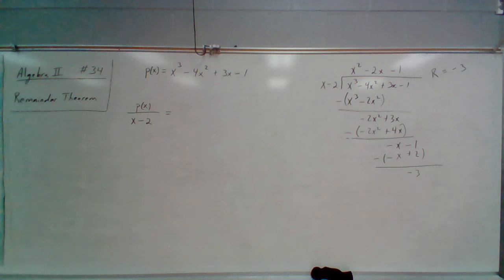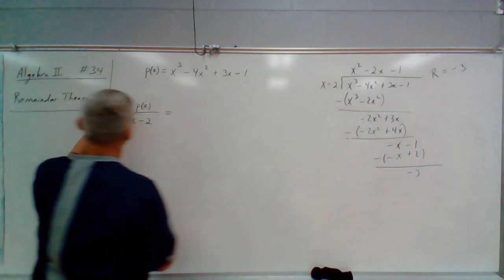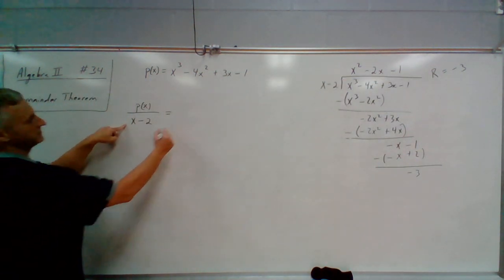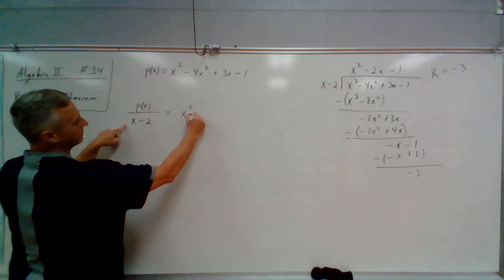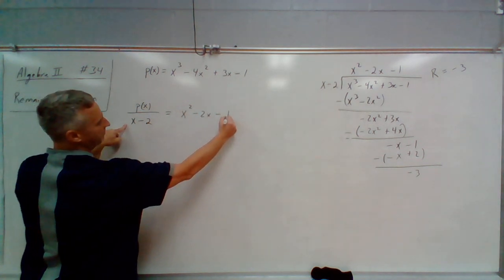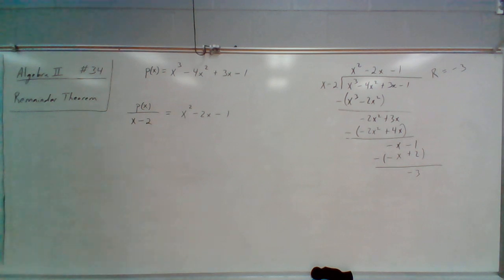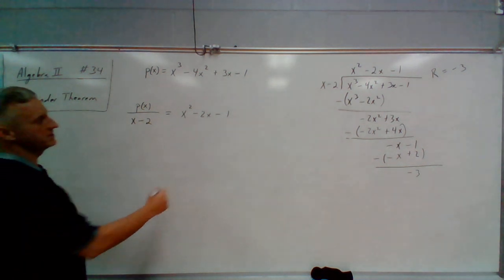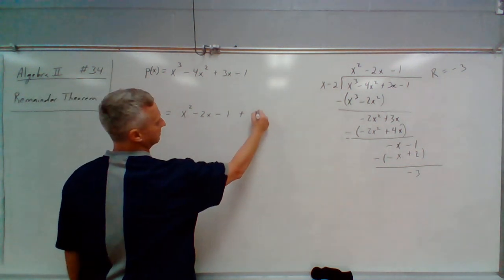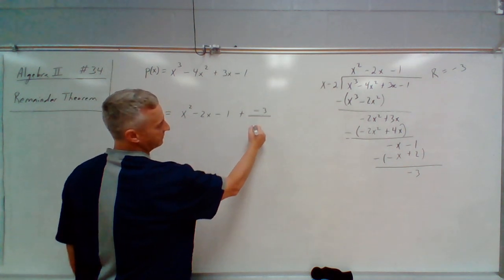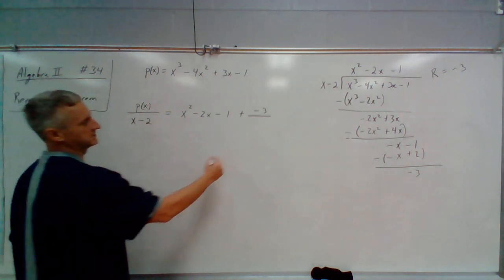Alright, so we can write that out. P of x divided by x minus 2 is equal to x squared minus 2x minus 1. And we have a remainder of negative 3, so plus negative 3 over x minus 2.